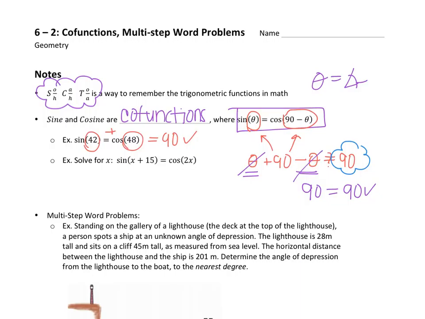Now the next example is one where we actually have to solve. It says solve for x, sine of x plus 15 equals cosine of 2x. So again, take these two expressions and add them to 90. Combine like terms and solve just like you normally do.